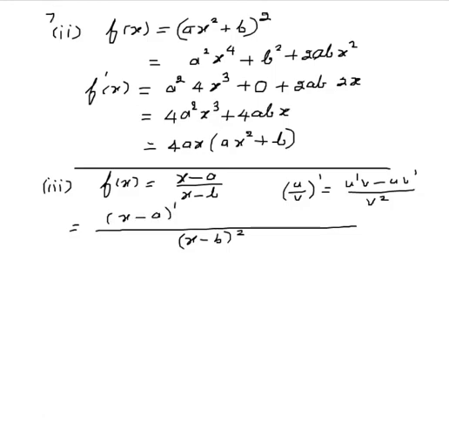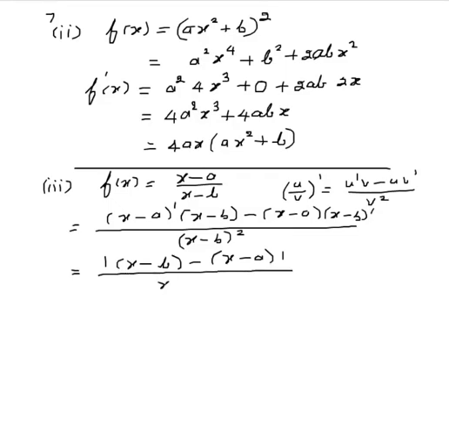U dash into v minus u and v dash, which is equal to differential of x is 1, differential of a is 0. 1 minus 0 is 1 into x minus b minus x minus a times again 1 minus 0, which is 1. Use brackets. X minus b the whole square. Minus x and plus x are getting cancelled. Minus of minus a is plus a and we get a minus b in the numerator divided by x minus b the whole square.